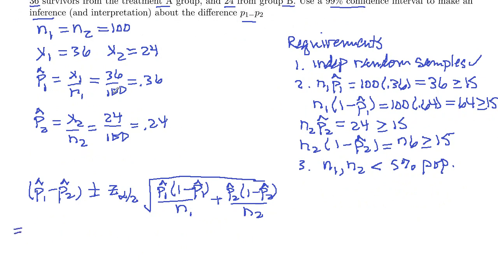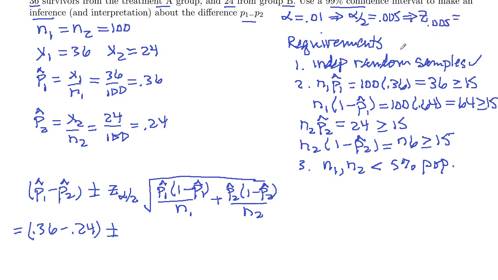So P1 hat, 0.36, minus P2 hat, 0.24, plus or minus. And then this is 99% confidence. That means alpha is 0.01. So that means that alpha over 2 is 0.005. So we need z 0.005. 0.005 is the right area and 0.995 is the left area.